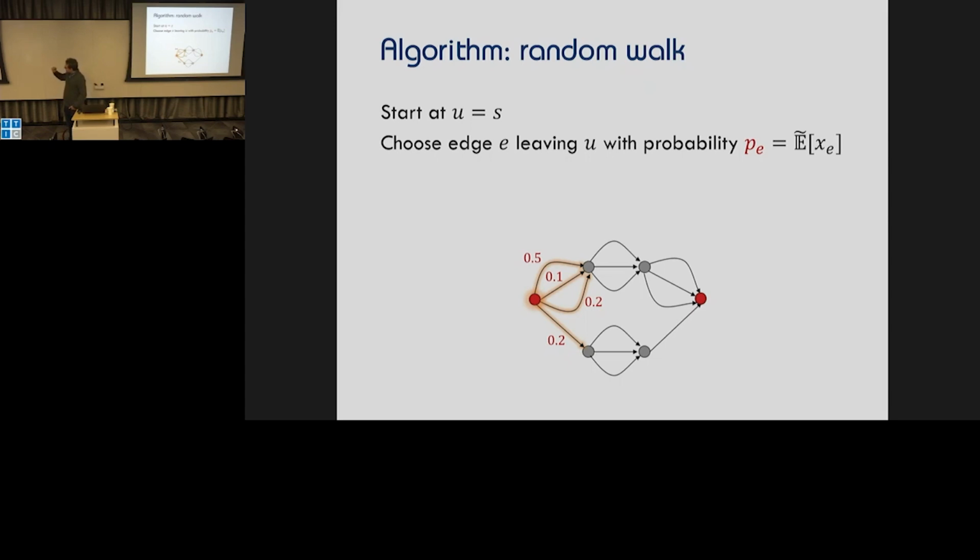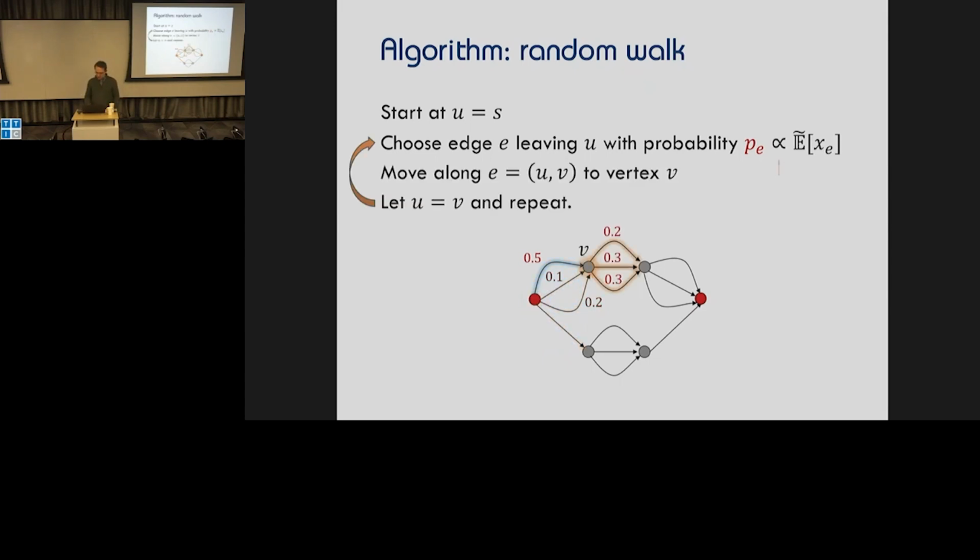The fact that we have a unit flow tells us that the sum of all p's is equal to 1, and therefore we can sample one of these edges with probability p. We do that, choose one edge, let's say we choose edge sv here, and move to vertex v.